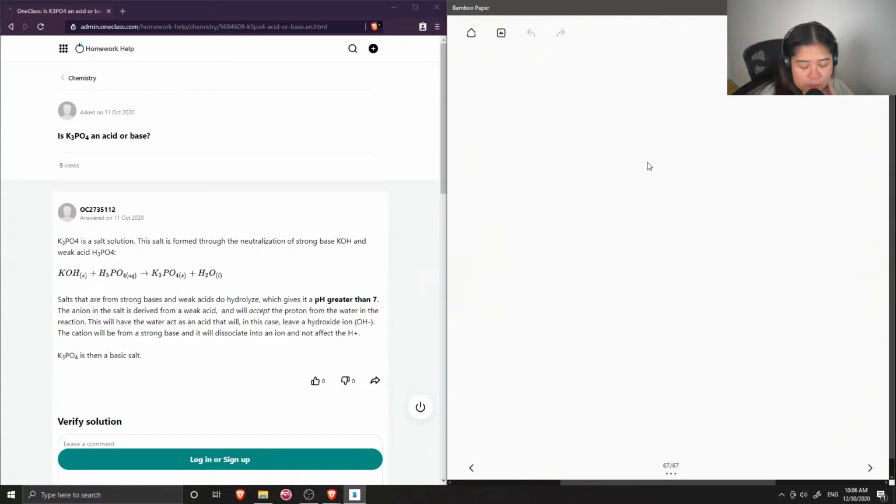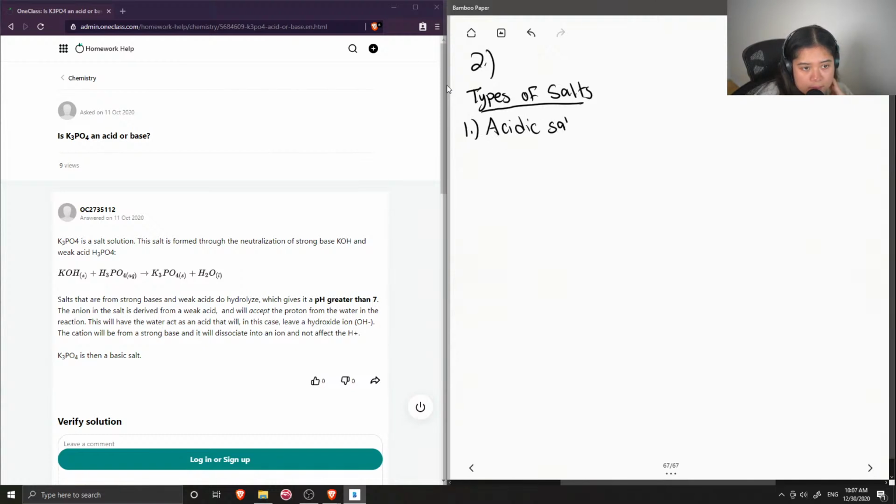Okay, so question number 2. Is K3PO4 an acid or a base? Okay, so this is a type of salt. And there are 3 types of salts that you could potentially have. There is an acidic salt, which is formed from a strong acid and the salt of a weak base.